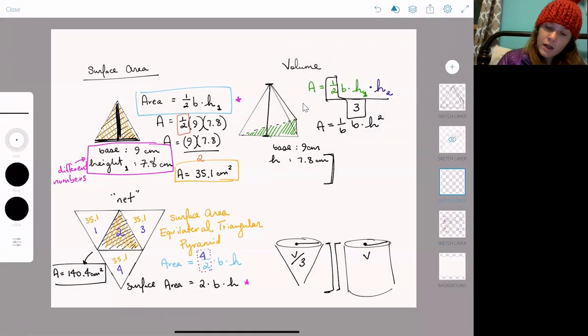Let's take one last look at some of these equations without so much writing on there.